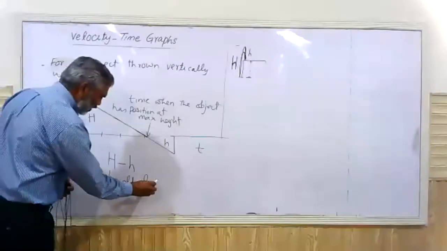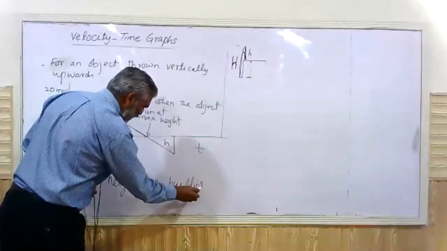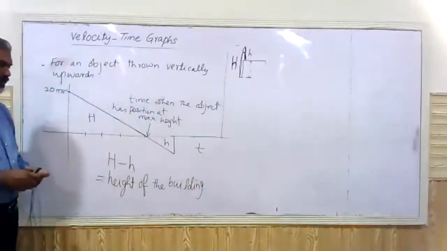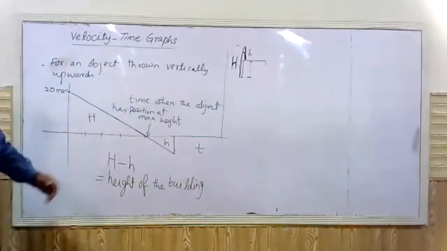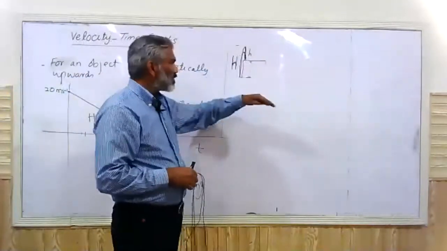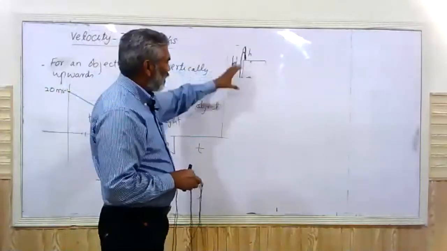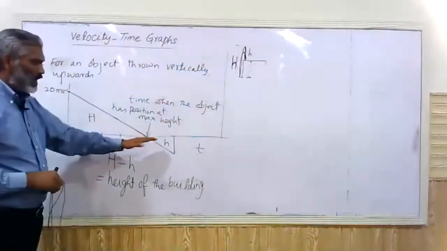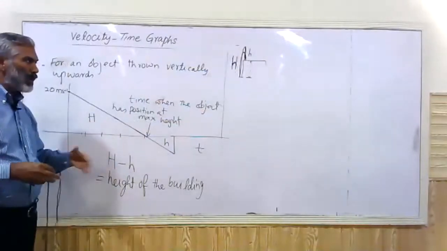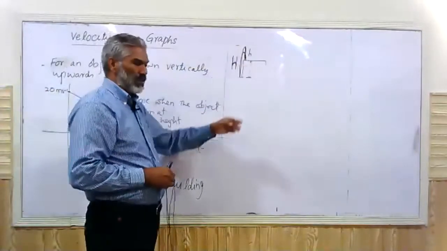Height of the building. So there are several questions in the exam in which they ask you to do this kind of calculation. They want us to know the height of that surface where the object ultimately lands, and by calculating the areas of these two triangles, by taking the difference, we can calculate the height of this surface.